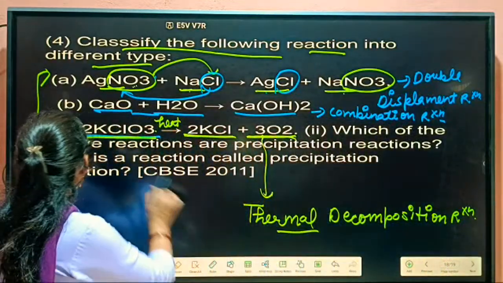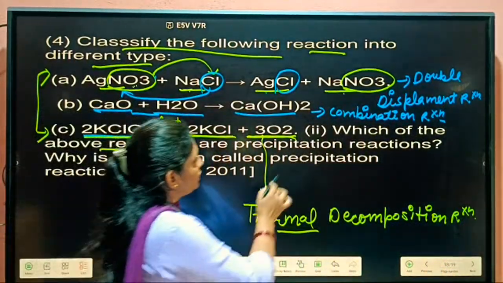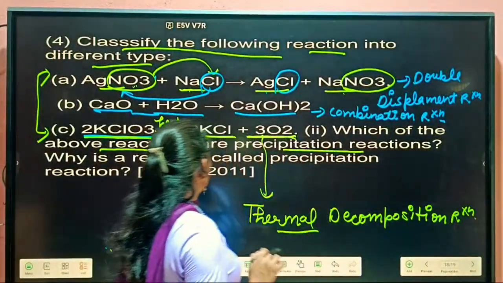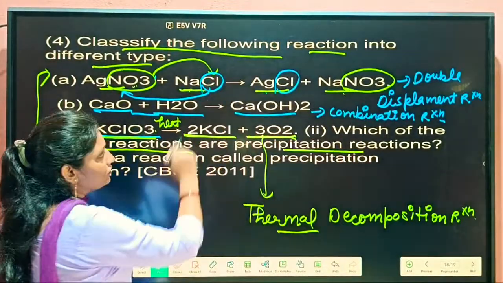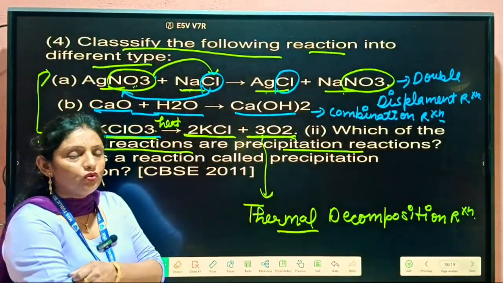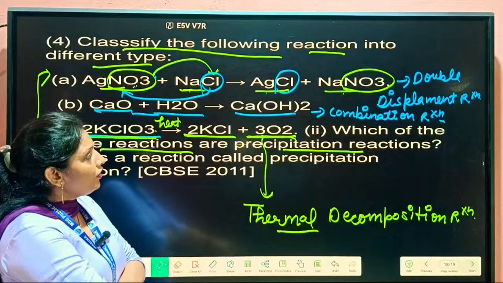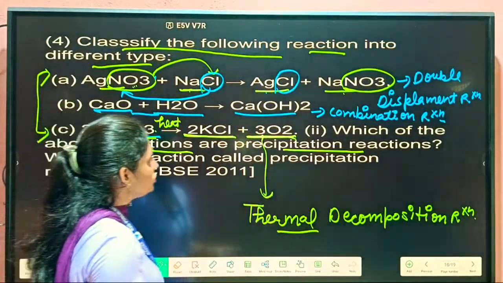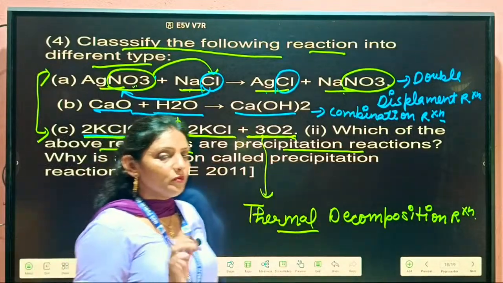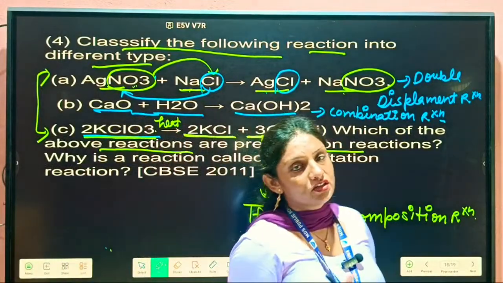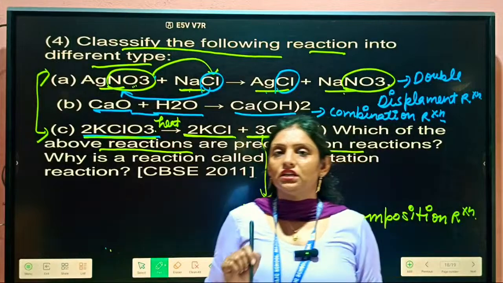Which of the above reactions are precipitation reactions? Students, these reactions we have given names to. Now he is asking which one is the precipitation reaction here. Students, in most cases, double displacement reactions show precipitation.